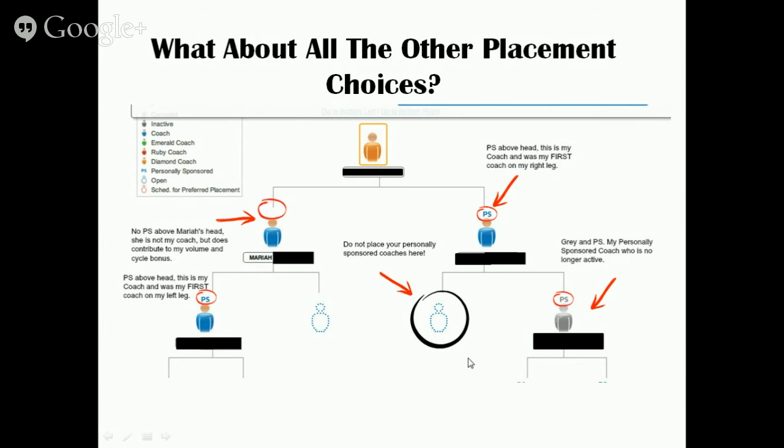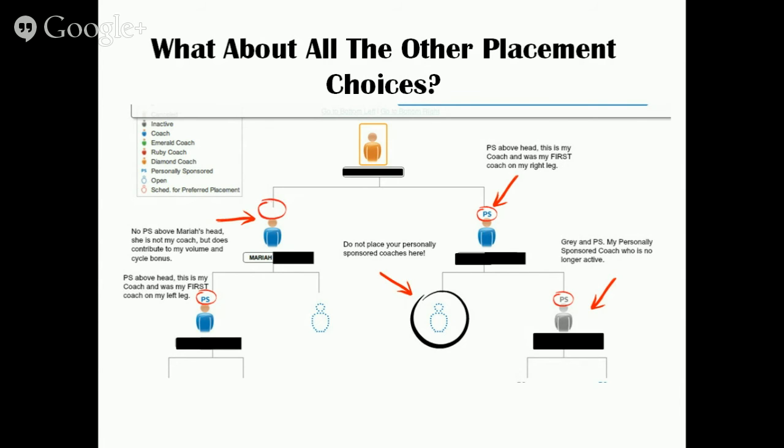here, never ever put coaches on the inside legs. And that's because as you grow, you want to grow your outside legs. And you grow your outside legs best by putting them at the bottom left or the bottom right of your outside leg. And then all the middle is going to fill in with everyone else's coaches.